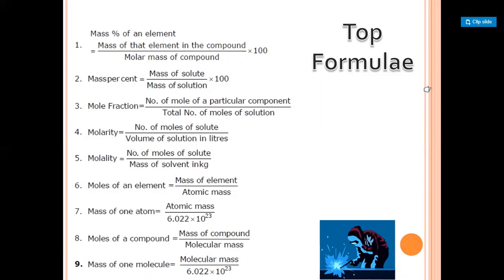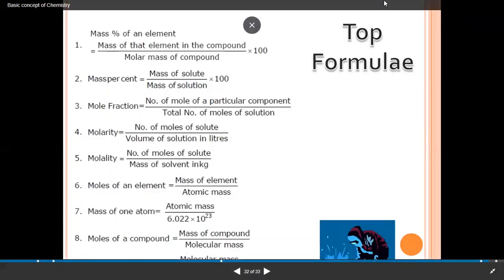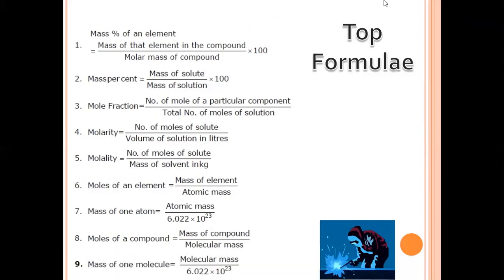And mass of one molecule will be equal to molar mass upon 6.022 into 10 to the power 23. All right, so these are the important formulas which we have to learn so that we can do all the numericals based on this chapter.